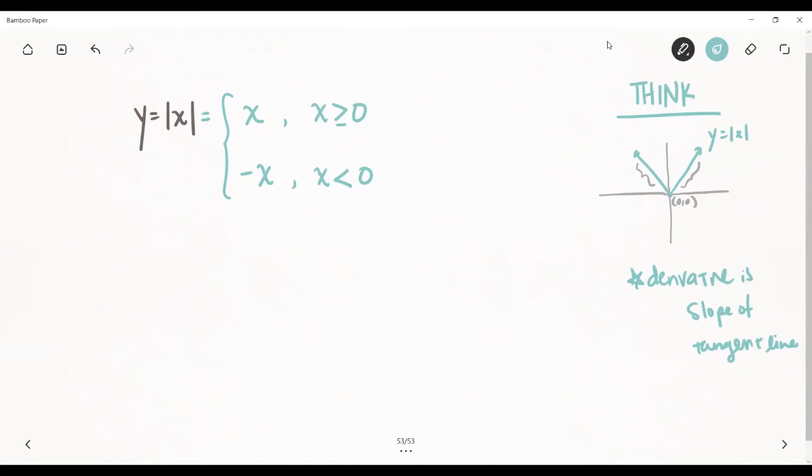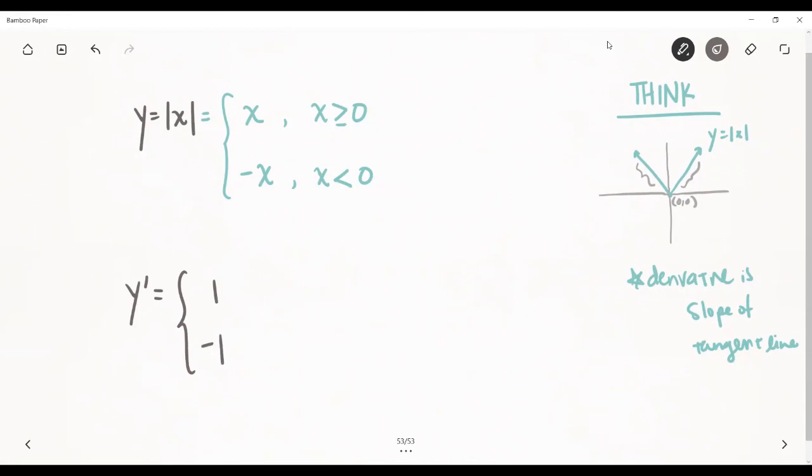The second you see these two individual pieces, as soon as we drop the absolute value bars, I hope you realize that we know how to take the derivative of this, right? The derivative of x, so if we have y prime, derivative of x is just 1, and the derivative of negative x is negative 1.